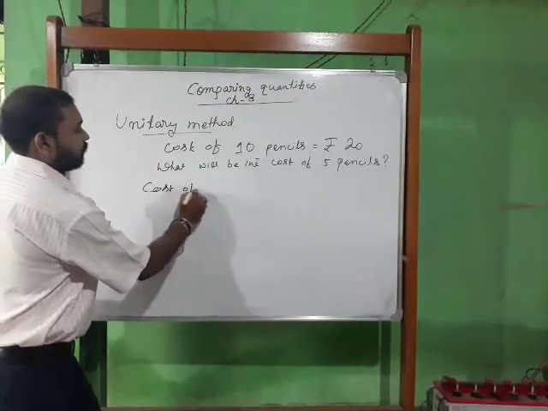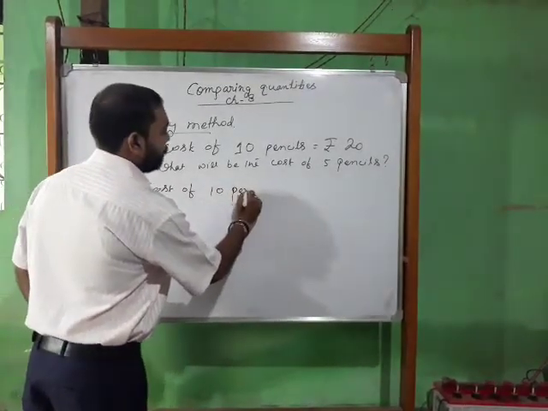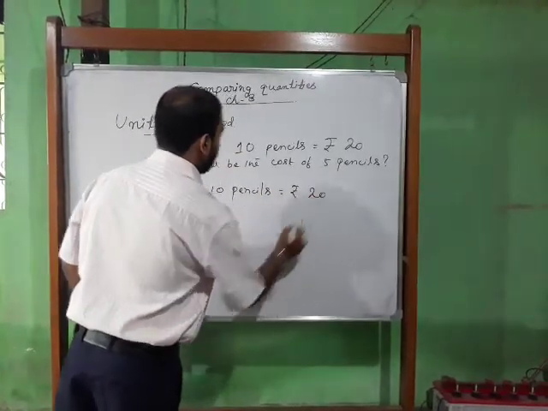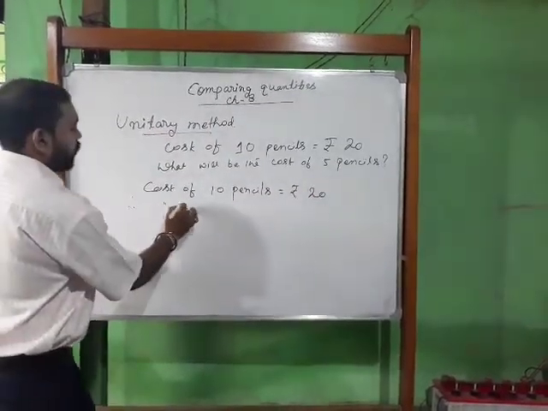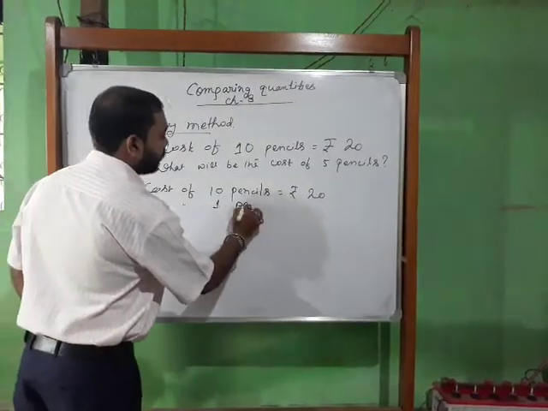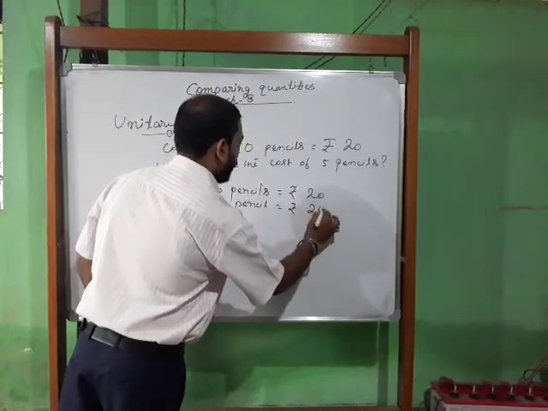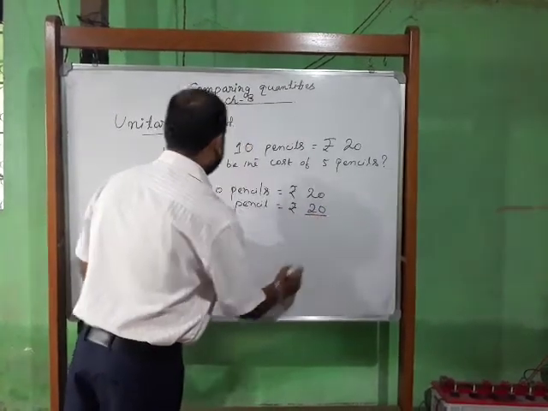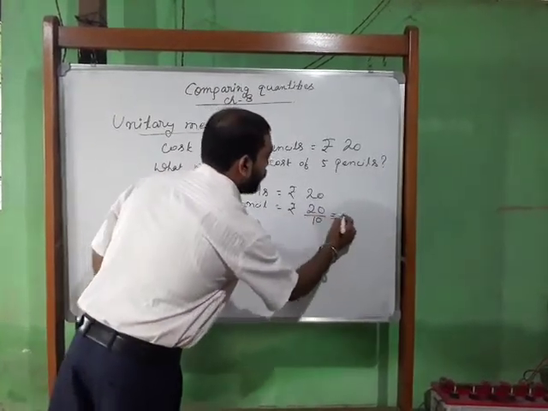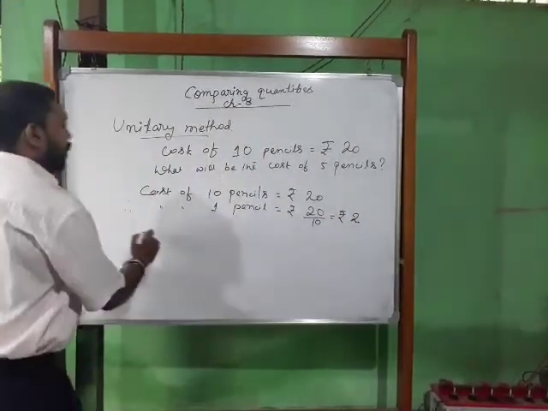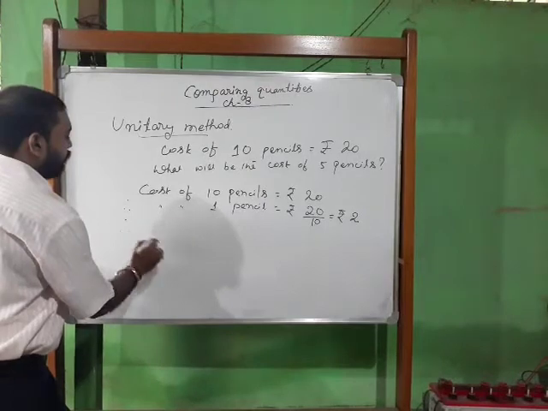Cost of 10 pencils equal to rupees 20. So therefore cost of 1 pencil equal to rupees 20 by 10, which is equal to rupees 2. Now we have to find the final value.